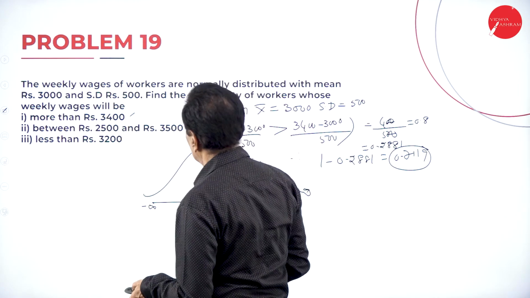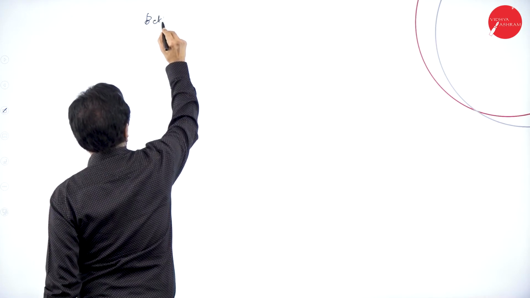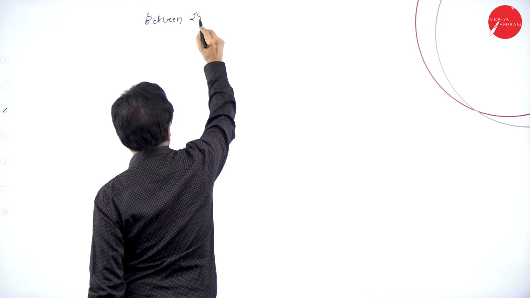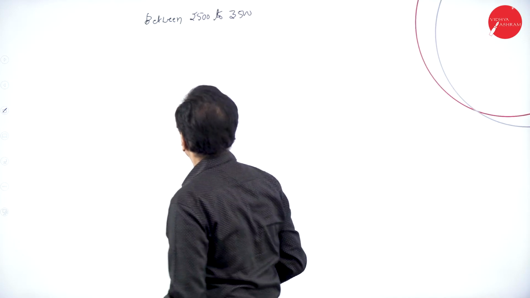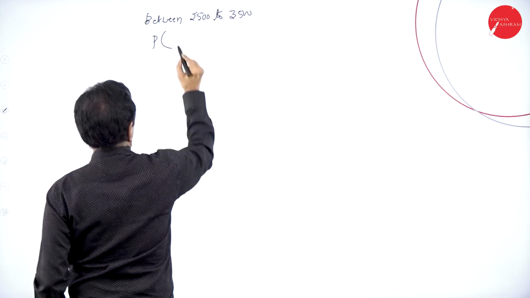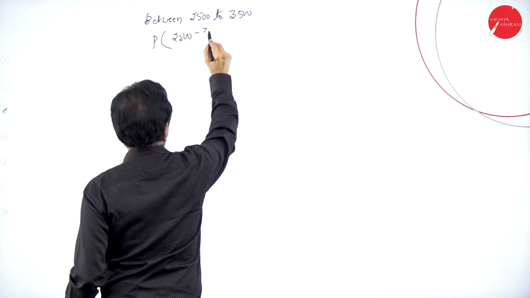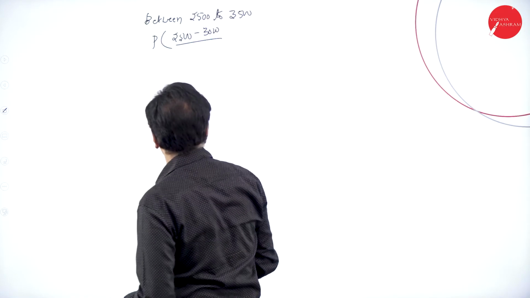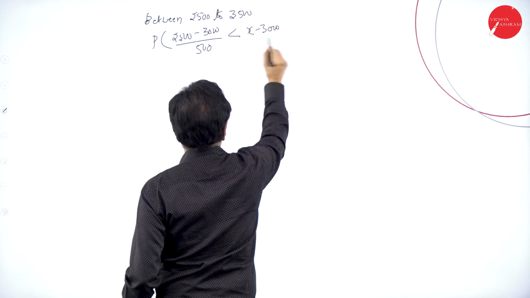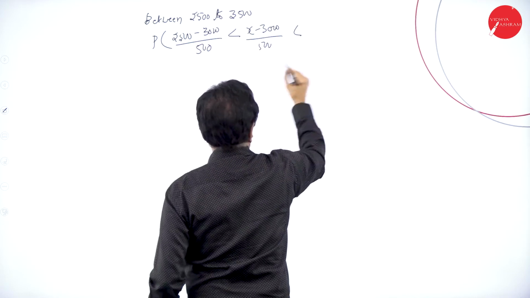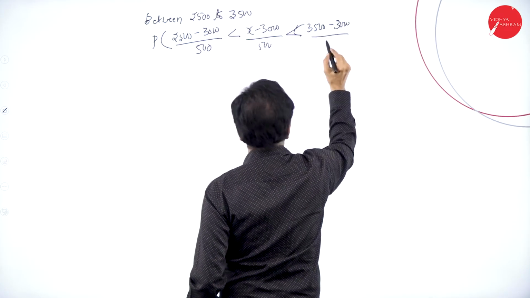Between 2,500 to 3,500. Here, P of 2,500, what's your mean? 3,000, divided by your standard deviation 500, less than X minus 3,000 divided by 500, less than 3,500 minus 3,000 divided by 500.